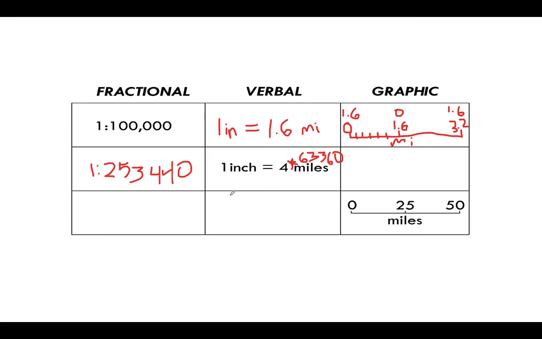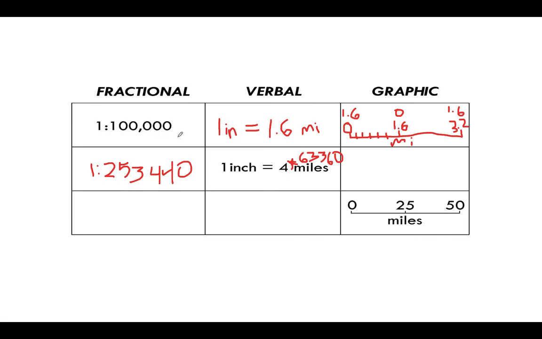And so you can see why if you have something like 1 inch equals 4 miles, that can just be more comforting. It can make more sense. But having this makes it easier if we need to go from, say, this imperial system to metric stuff. And if you work with these things long enough, you don't even need the verbal. 1 to 100,000, an inch is about a mile and a half.